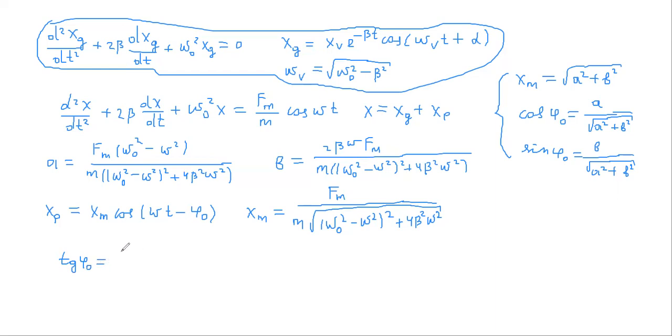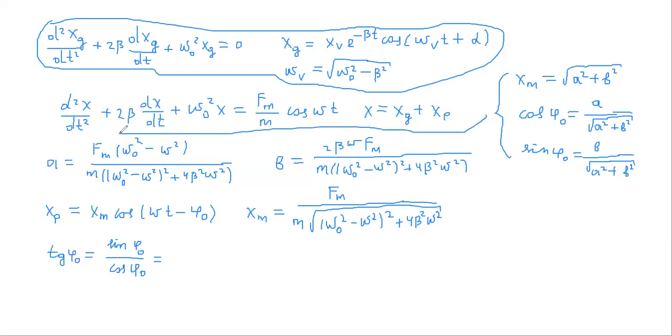This is the same as sine of phi 0 divided by cosine of phi 0, and this is equal to, let's use this formula, b divided by the square root of a to the power of 2 plus b to the power of 2, divided by a over the square root of a to the power of 2 plus b to the power of 2.